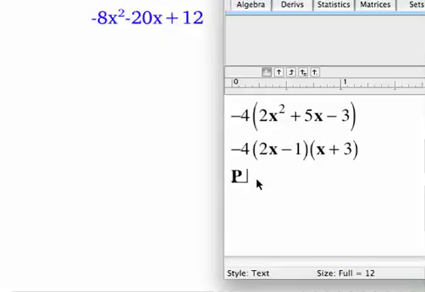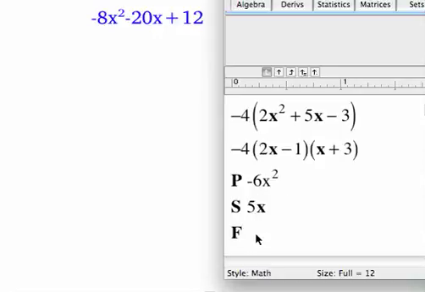The product is 2 times negative 3, which is negative 6x squared, and the sum is always the middle term, so the sum is plus 5x. The F is for the two factors. We're looking for two factors of negative 6 that add up to give us 5. So 6 and negative 1.